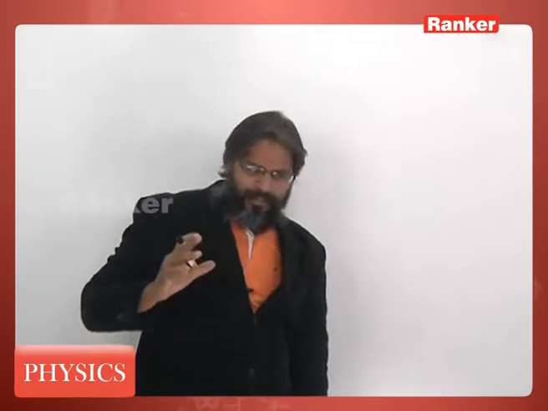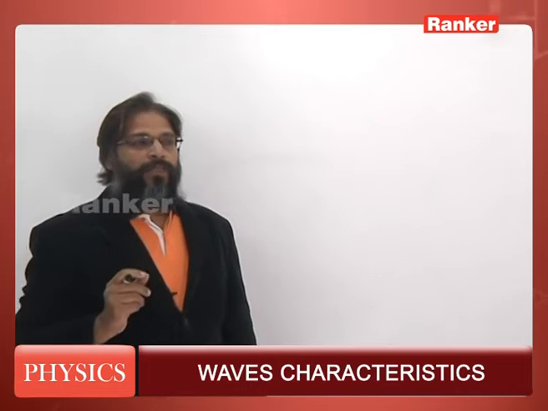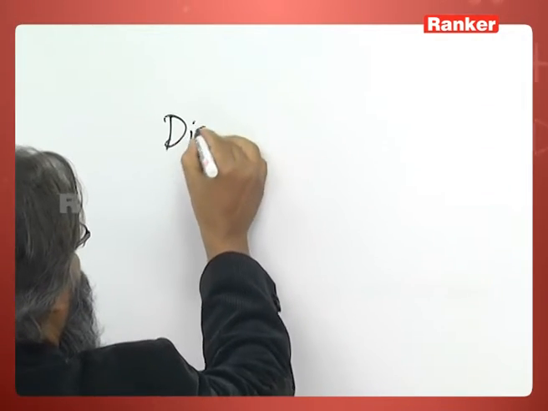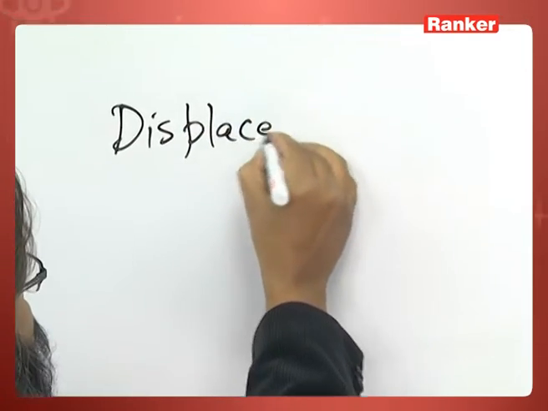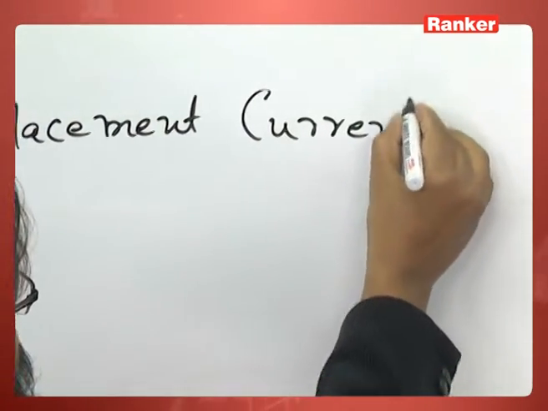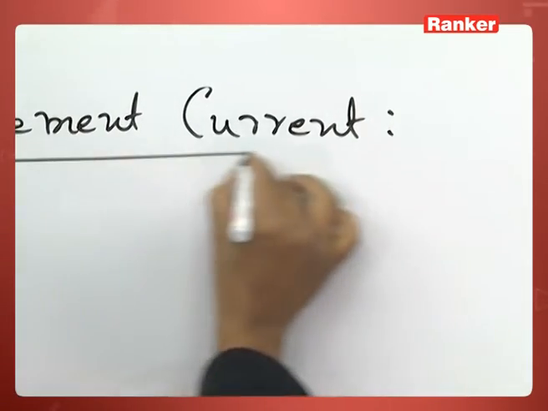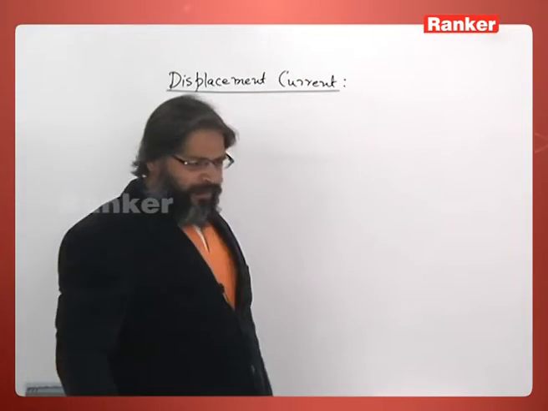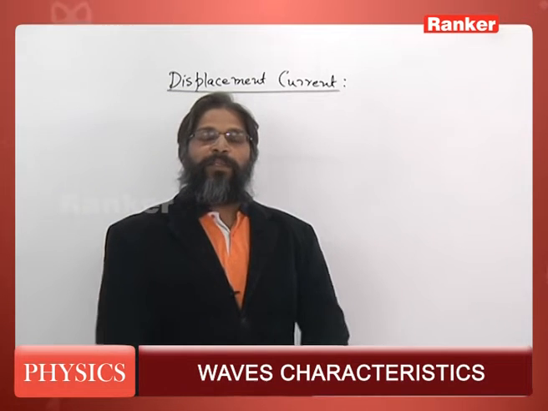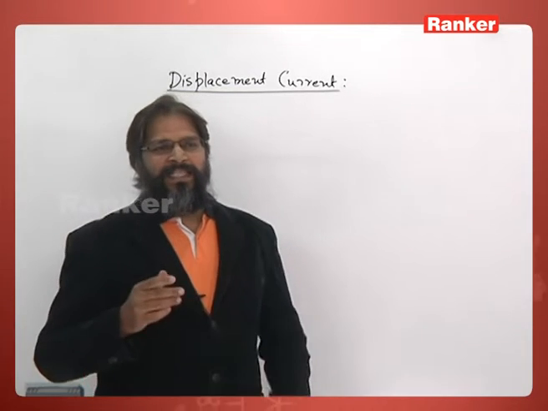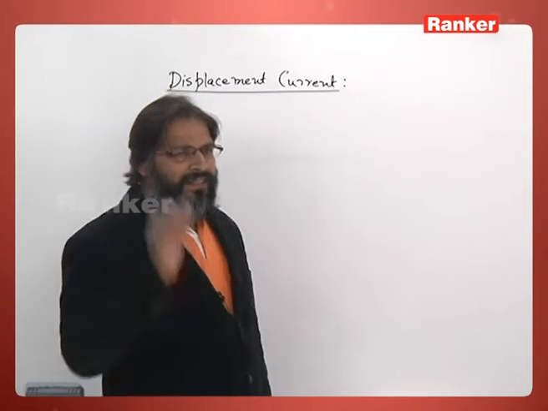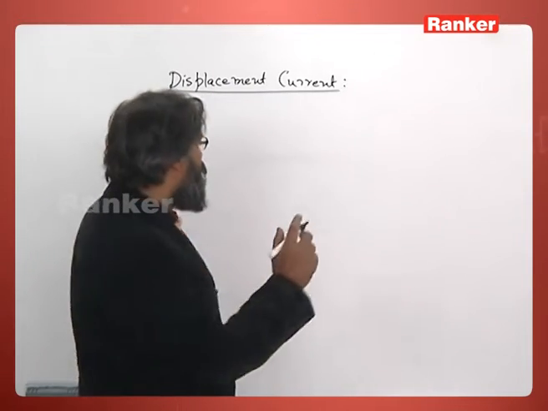Now, displacement current. So first let us see how Ampere's law can be applied to varying electric currents. We will take the example of charging and discharging of a capacitor.